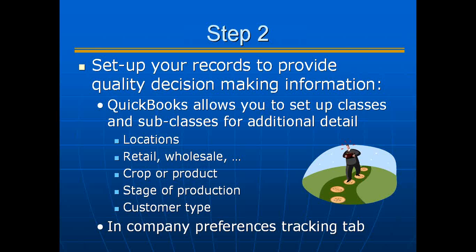So you could have 4 different classes underneath livestock for those 4 different types of livestock. And then you can set up subclasses underneath those that might be things like marketing costs, feed costs, transportation costs, pasture costs, so that you can get that additional detail drilling down for that decision making.